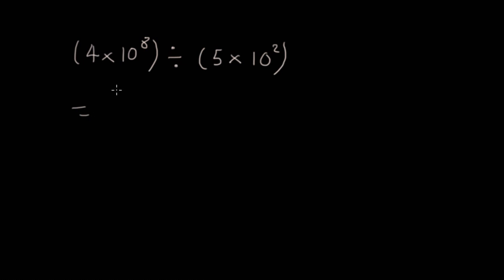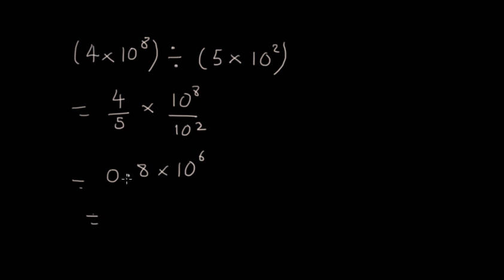That's like saying 4 over 5 multiplied by 10 to the 8 over 10 to the 2. 4/5 is 0.8, and here we're using the law of indices again. We times 10, 8 take away 2 is 6.